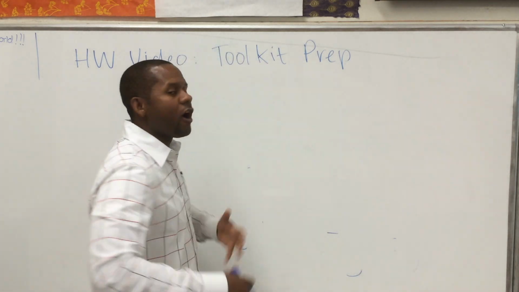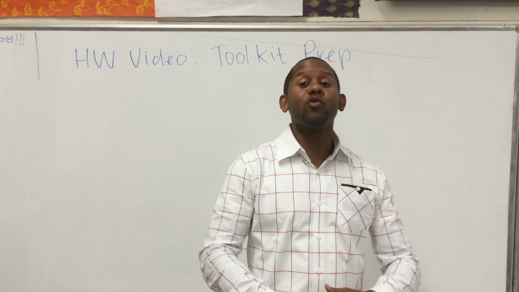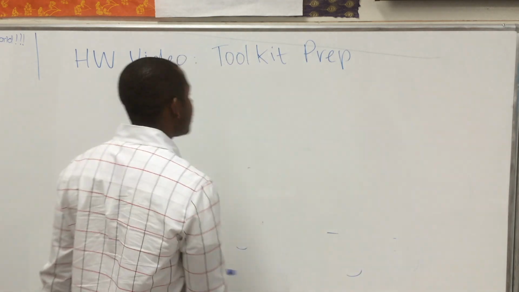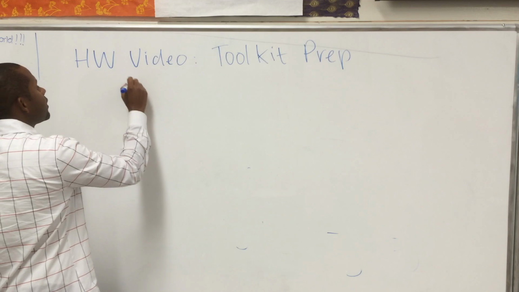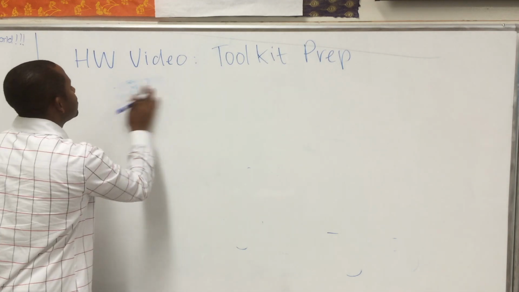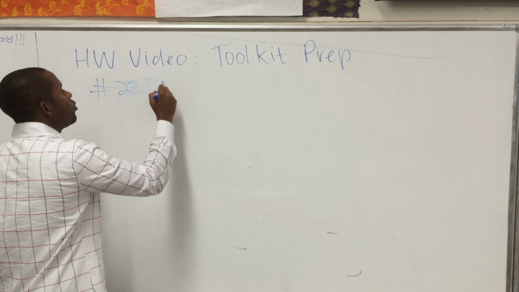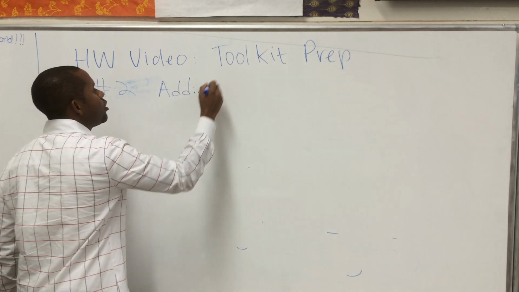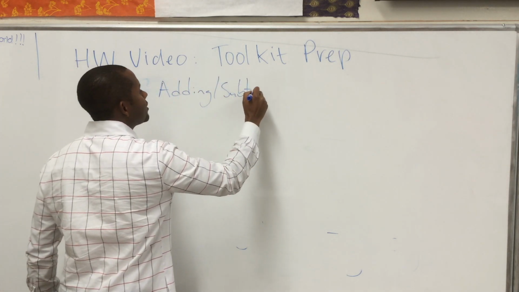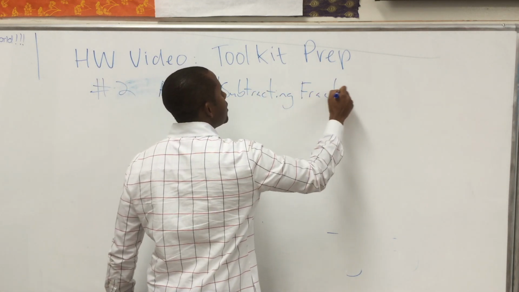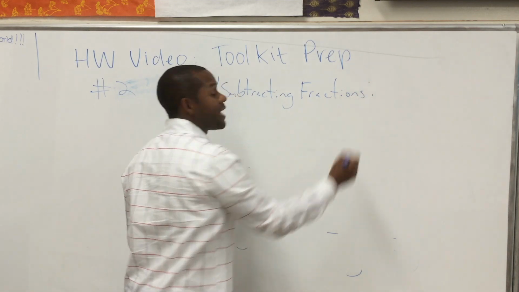All right, next one. Here's the one that people often get confused. Write this in a toolkit. Come to school with the toolkit for the test so you just don't forget this, okay? So, when you are adding, wait, you said 2. So this would be topic number 2, okay? When you are adding or subtracting fractions, do you need common denominators?